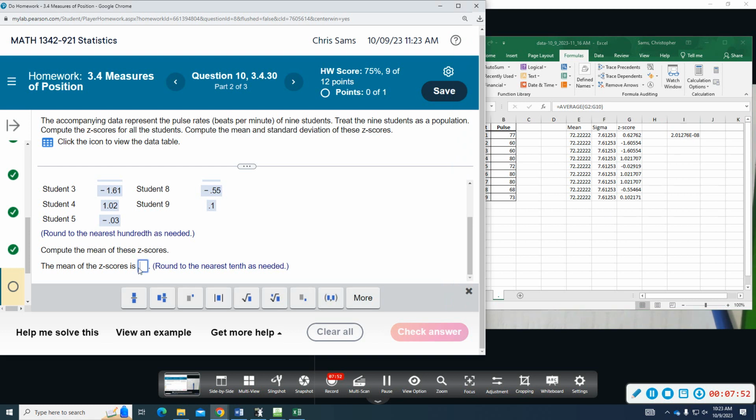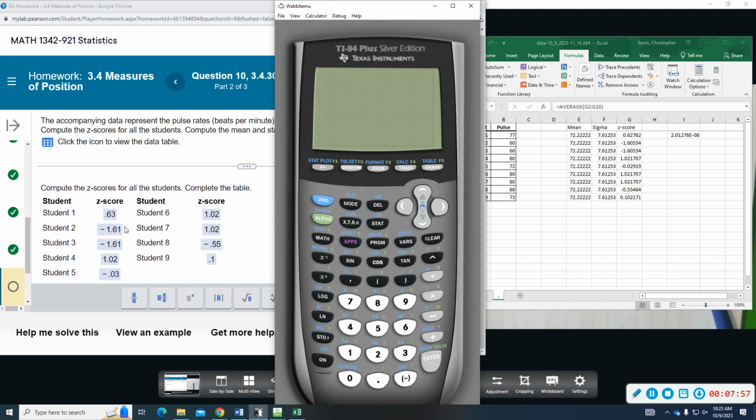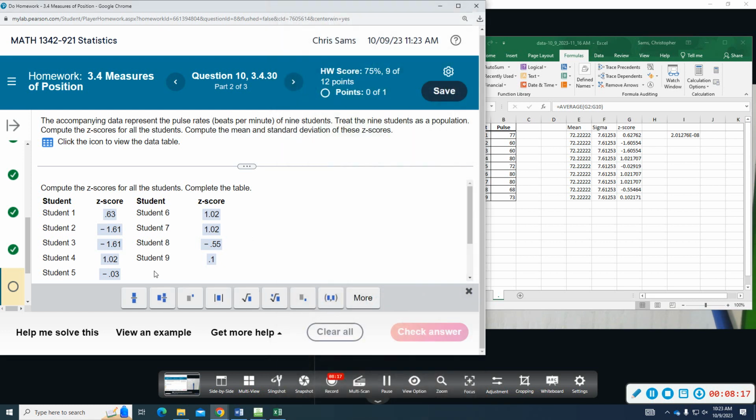It's a weird computation. I might need to do this in a calculator just to double check. I'm going to do it with these numbers. Alpha y equal enter. Which it should be 0. Some will be greater than the mean, some will be less. When you add these up and divide by 9, you should get 0, that's what it's saying.